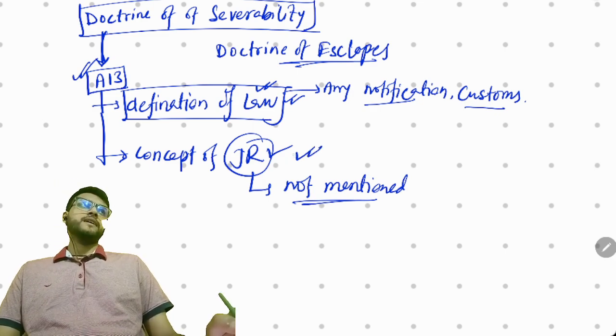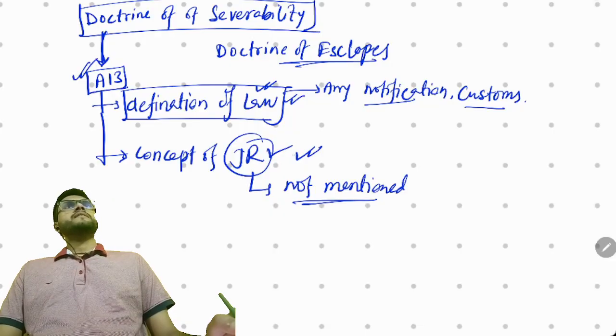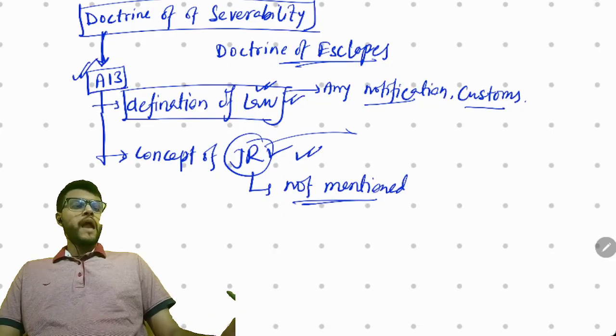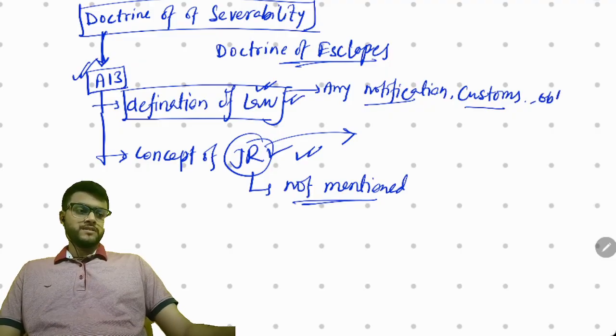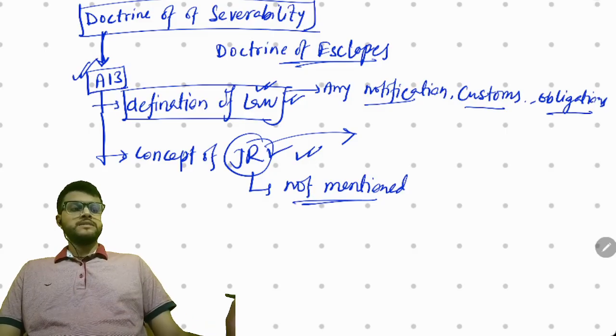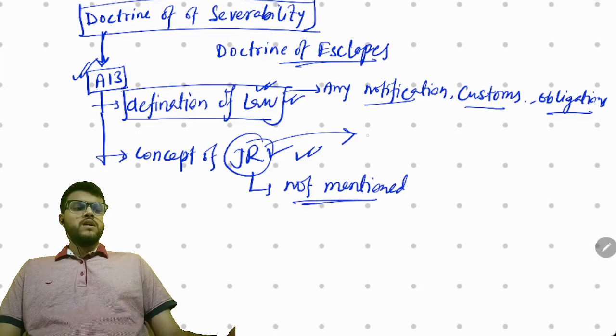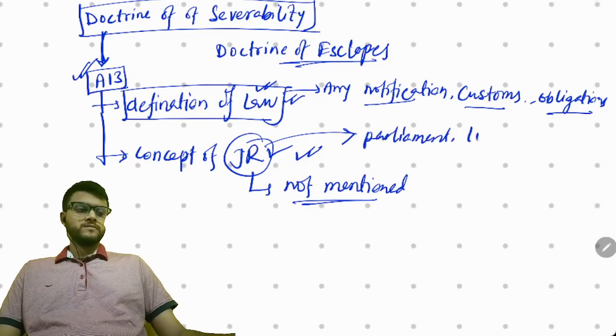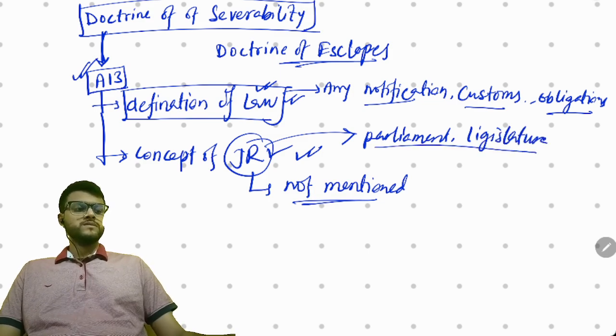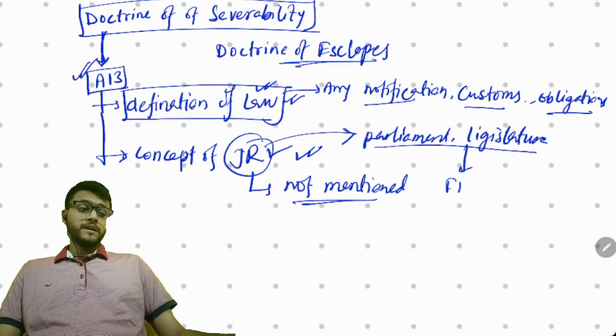In Article 13, judicial review is applied if any law passed by Parliament or a legislature violates a fundamental right.